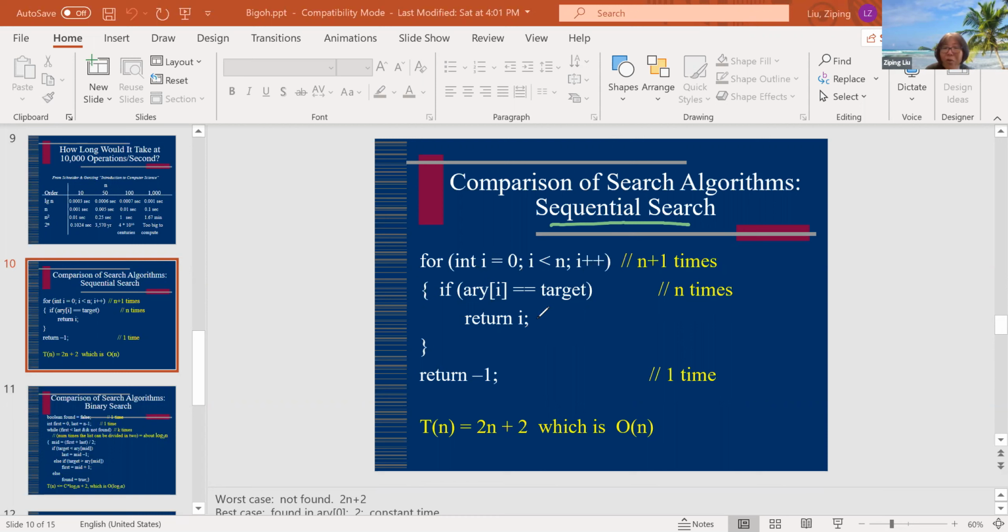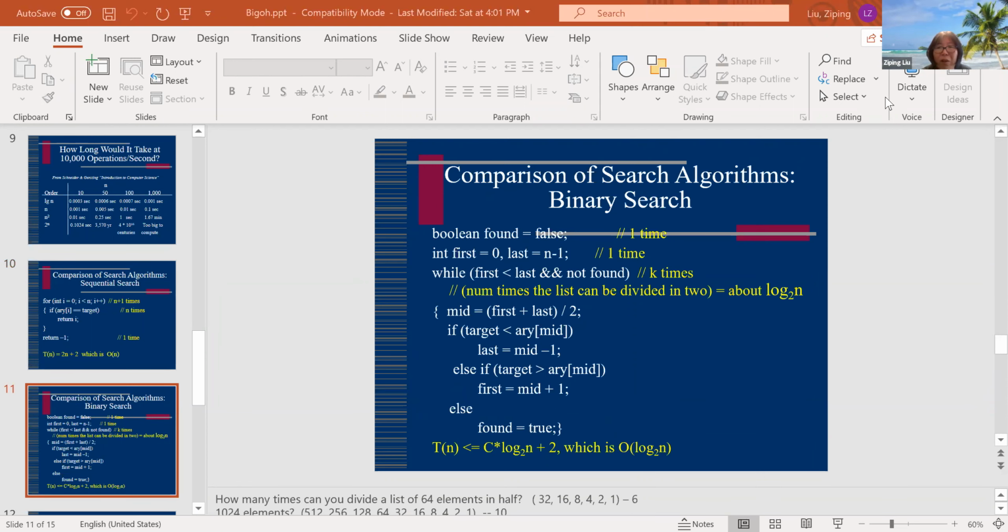You either go here or here, so we just count that as 1 time. Then you add them up: T(n) is 2n plus n. And we already know with polynomials, it's order of n. So that's sequential search.